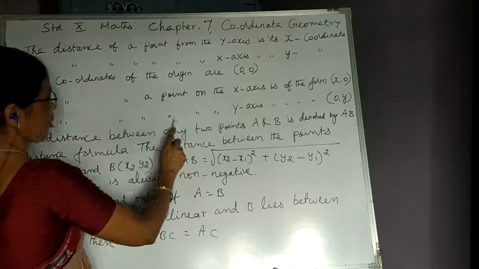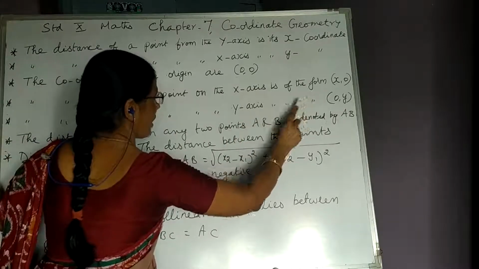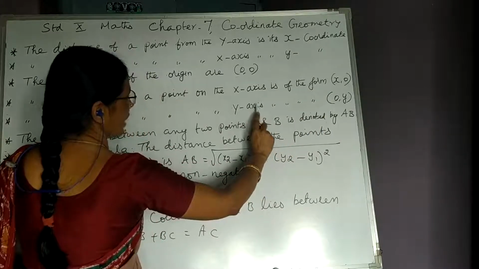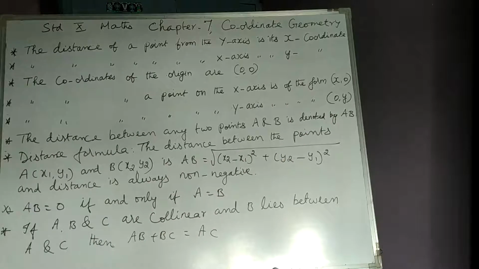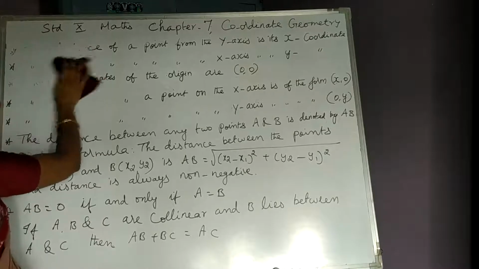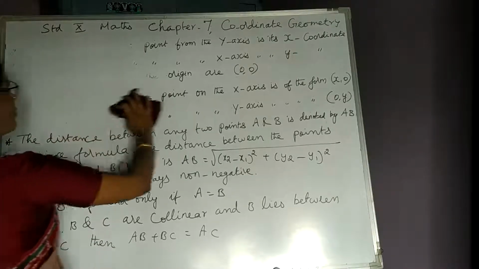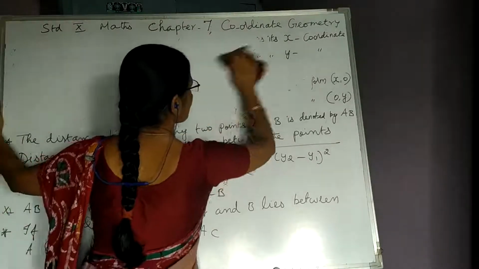Similarly, if you take a point on the y-axis, then the x-coordinate will be 0. So any point on the y-axis is of the form 0, y. So all these 5 points we know very well. We had studied them in 8th standard, 9th standard when we started the graph section. So let us understand the next point by drawing a simple figure.